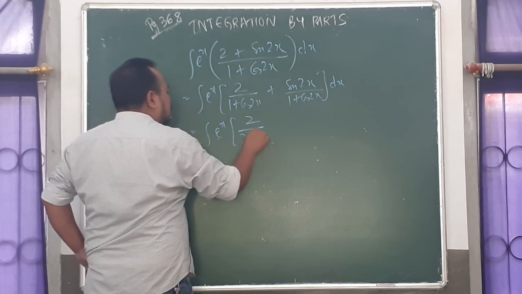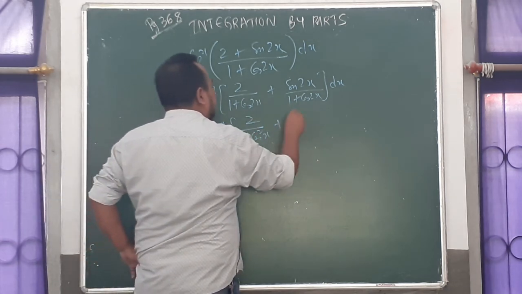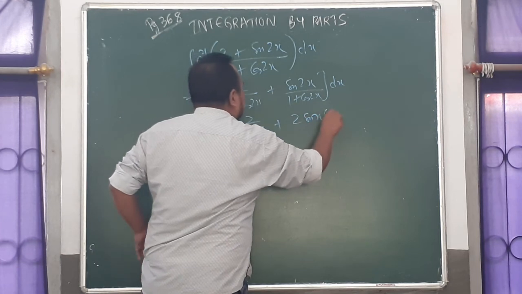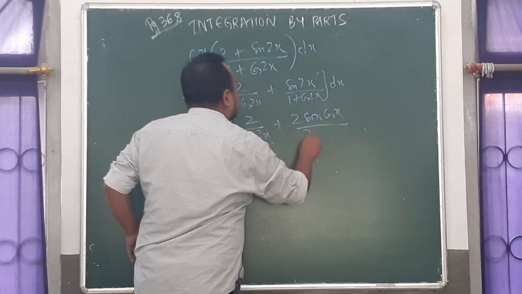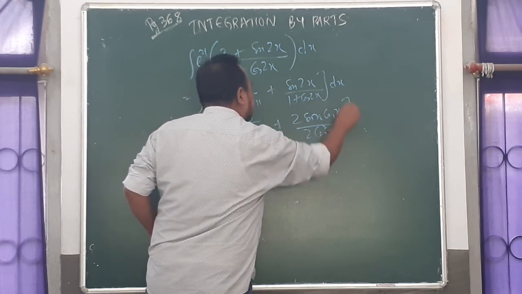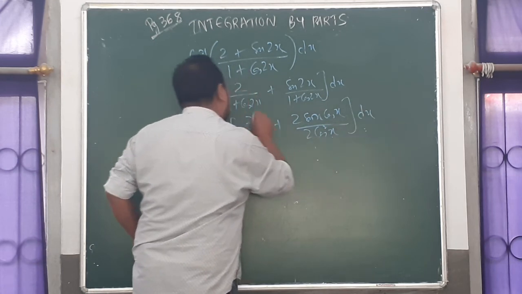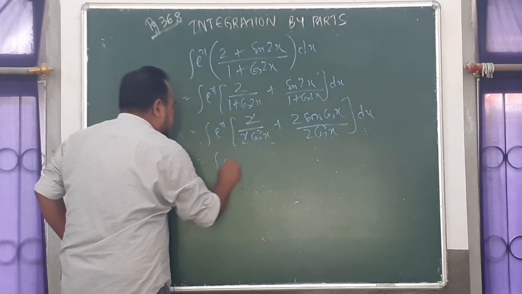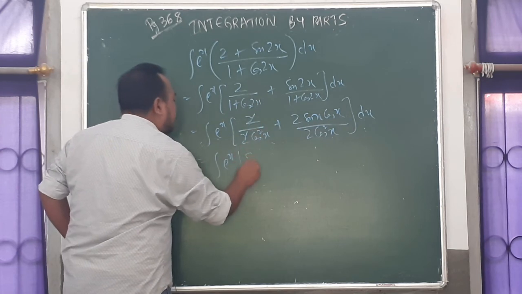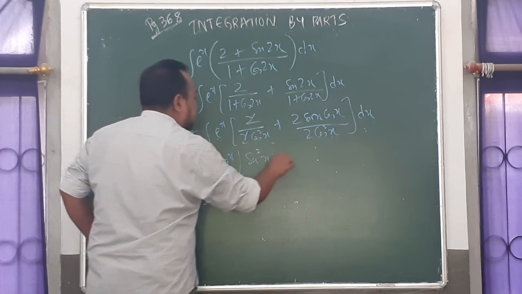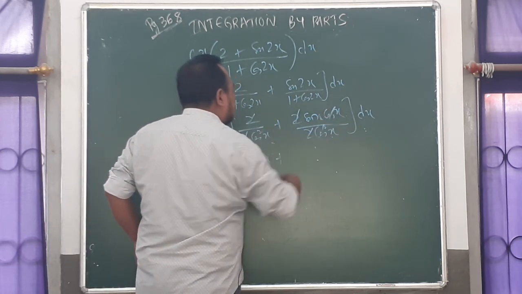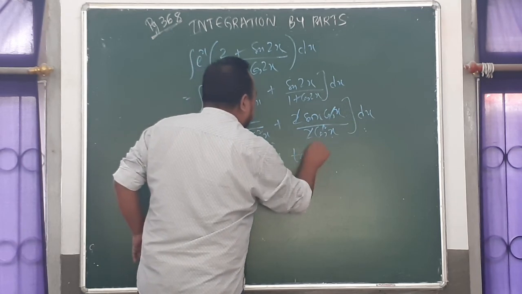It's 2 cos square x. Sin 2x will be 2 sin x cos x, and 1 plus cos 2x is 2 cos square x, dx. So 2 and 2 get cancelled. So integration e to the power x, 1 by cos square is sec square x, plus 2 and 2 get cancelled, cos and cos, sin by cos is tan x, dx.